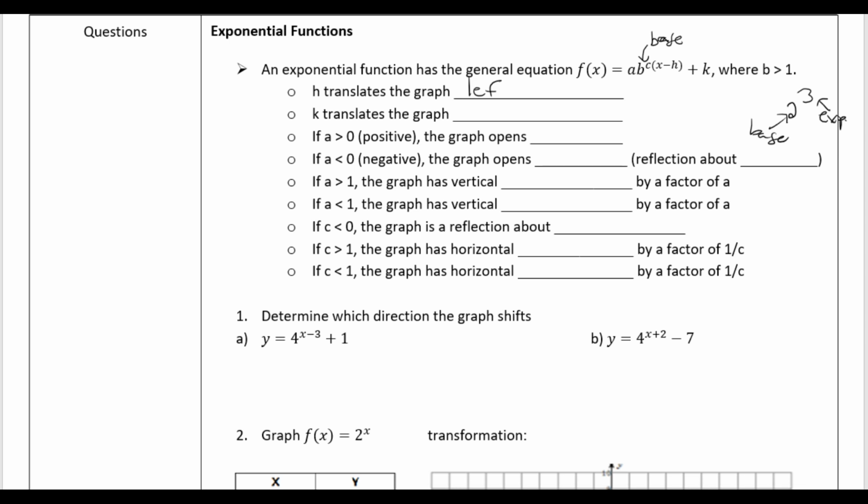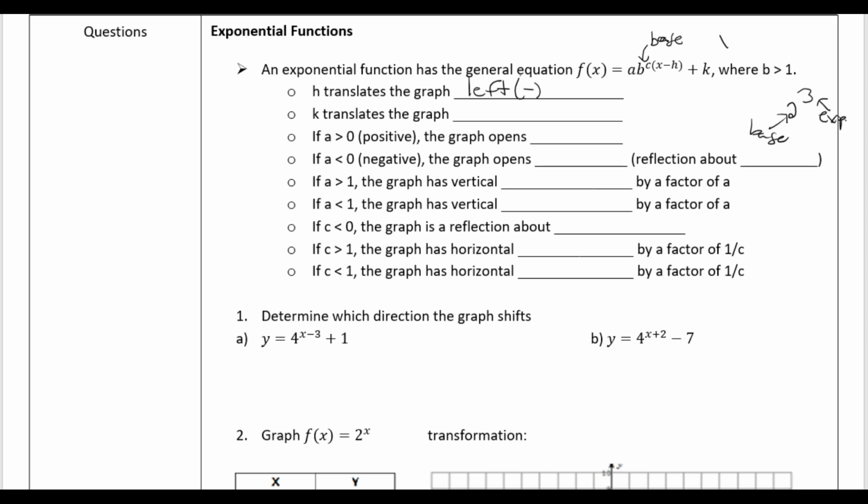If h is positive here, that means this sign is going to be negative, and we know that if it's negative on the inside, that means it's going right. If it's left, then h would be negative, because two negatives make a positive.